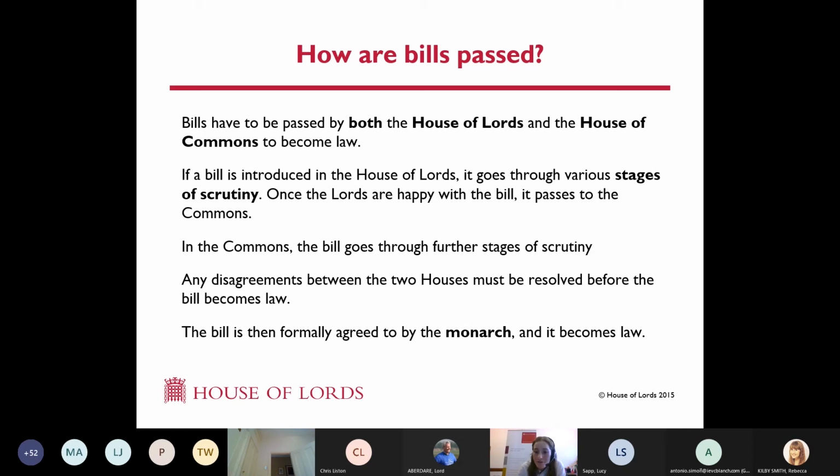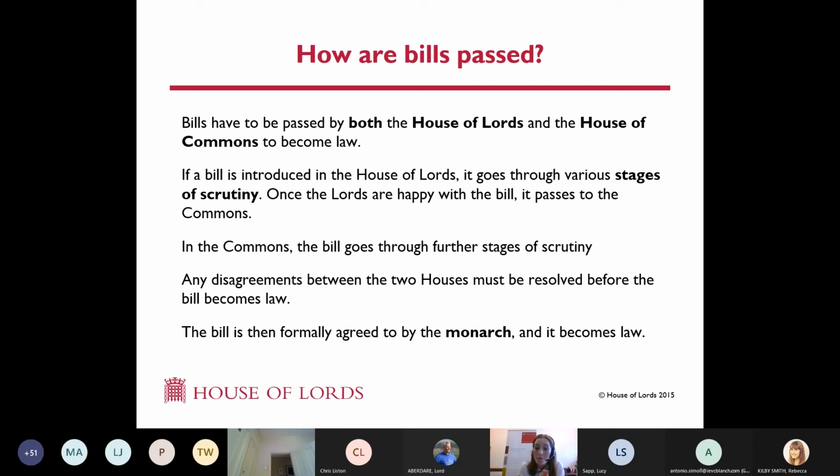Once it goes through all those 5 stages and the Lords are happy, it then passes on to the Commons, where it goes through even further scrutiny, and it goes through very similar stages in the House of Commons too. So once the Commons have agreed the bill, it's gone through all its stages in the Lords, passed to the Commons, gone through all its stages in the Commons, and they're happy with the text. If the Commons have made any changes to the bill that the Lords haven't considered, these changes will go back to the Lords, and then the two houses have to resolve any differences before the bill can become law.